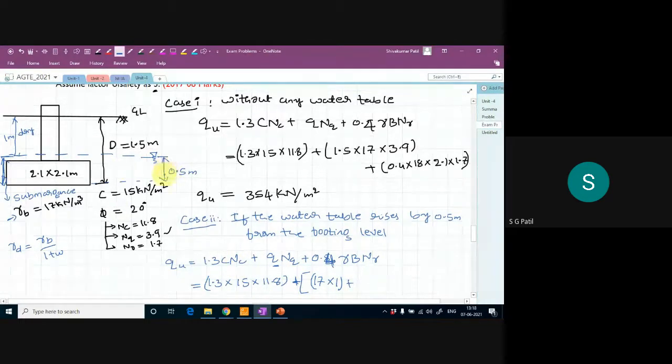This 0.5 meter into the submerged unit weight of this soil. This much soil is under submerged condition and this much soil is under dry condition. How will you calculate the submerged density? That is nothing but 17 minus your unit weight of water. I will take unit weight of water as 10. Even you can take 9.81, no problem, into how much depth it is? 0.5 meter.